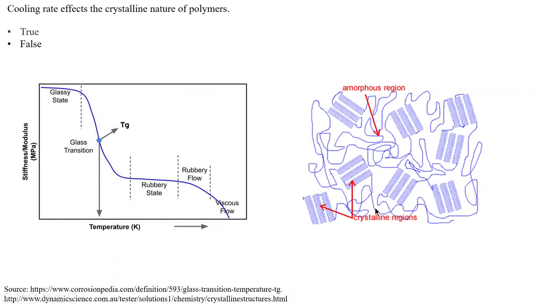So whenever we are cooling the polymer system, a polymer melt, the cooling rate will affect the crystalline nature. In what way? I'll tell you. When we are doing the cooling at a very fast rate, the amorphous regions of the polymers do not get enough time to set back into a crystalline form.